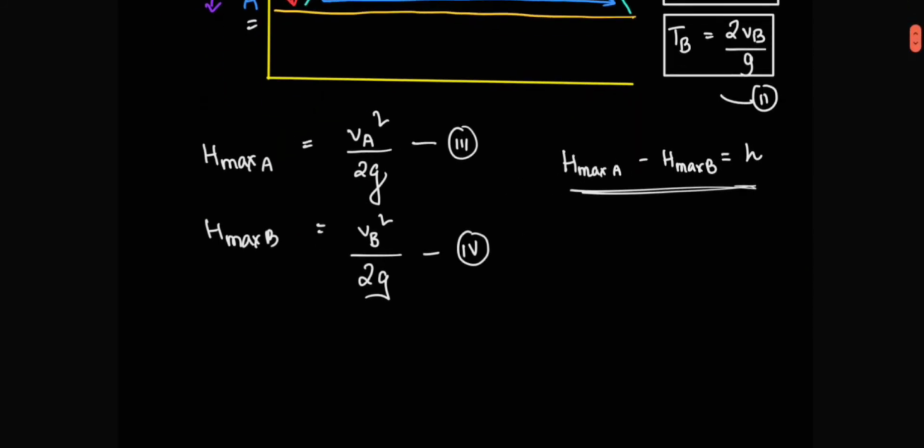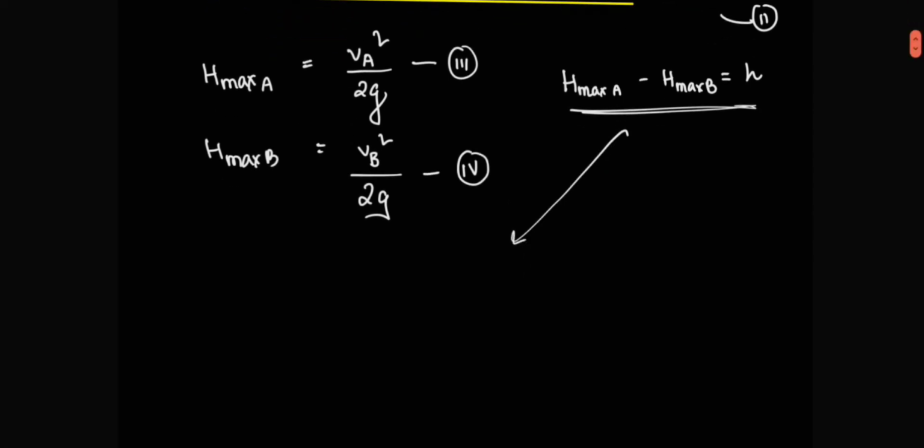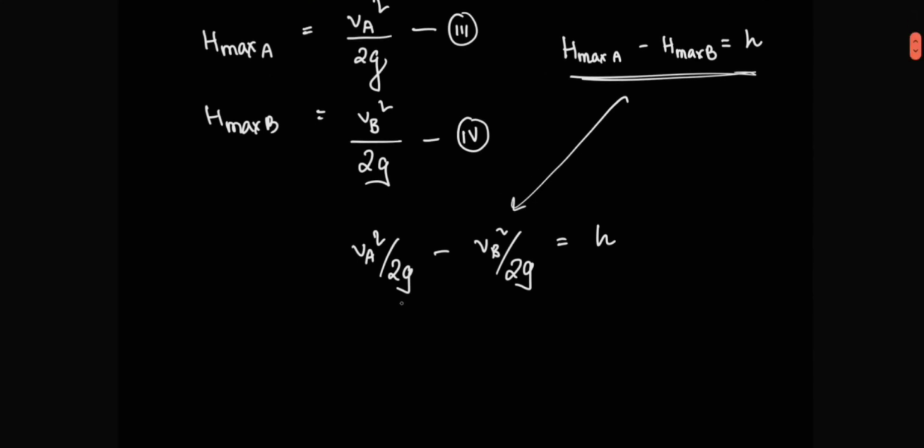If we plug in equations 3 and 4, we have VA squared over twice g minus VB squared over twice g is equal to h. We can pull out the twice g as a common term on the left side, and write this as 1 over twice g times VA squared minus VB squared is basically h.